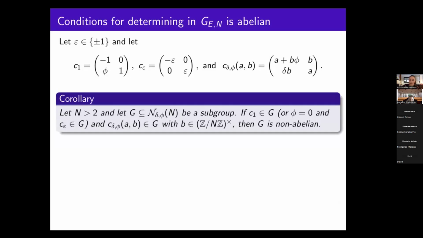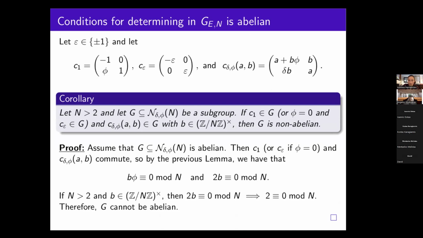So now this corollary here is saying that, again, let's say n is greater than 2 and G is a subgroup of the normalizer. If C1 is in G and we have some Cartan matrix in G such that b is a unit, then G is not abelian. Automatically, we can say that the whole group is not abelian.